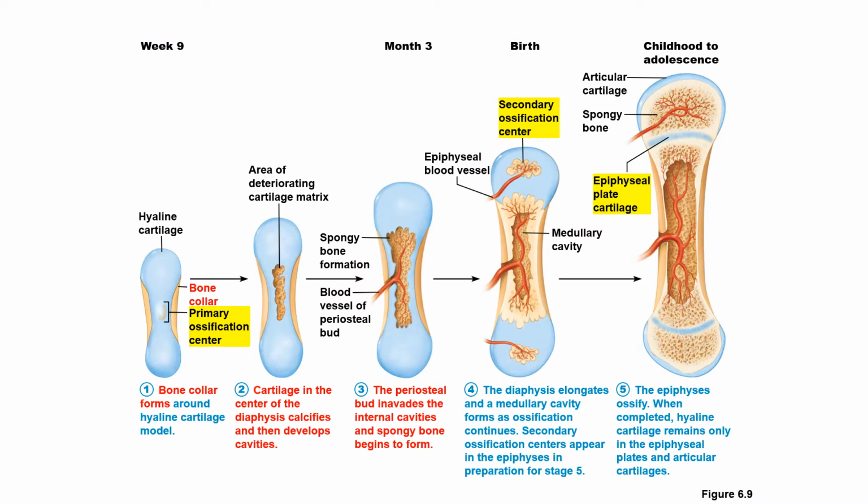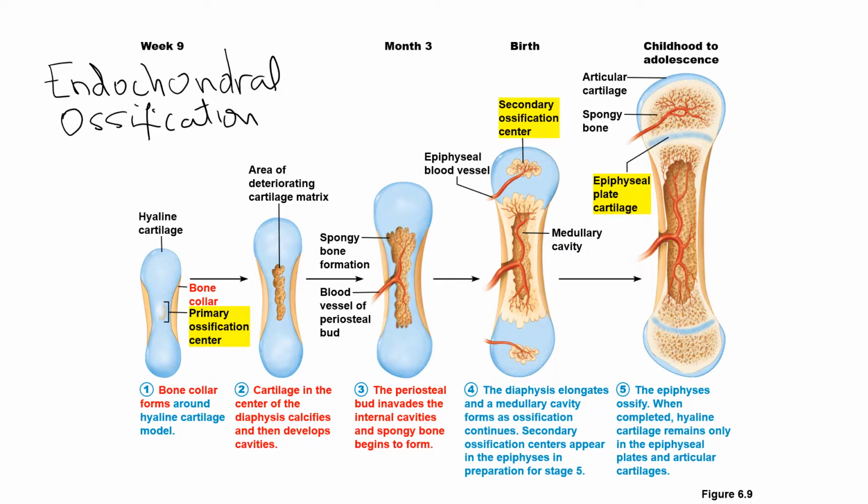Endochondral ossification uses a hyaline cartilage model of the bone. This mechanism creates long bones. The hyaline cartilage model of the bone will start a primary ossification center.